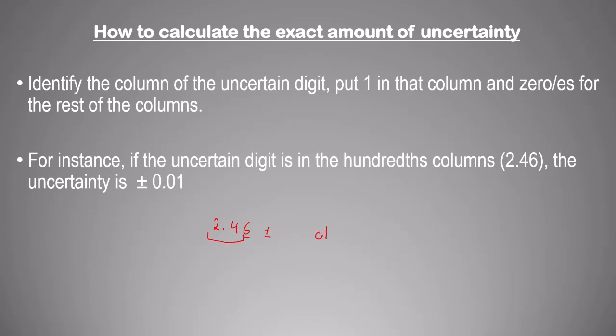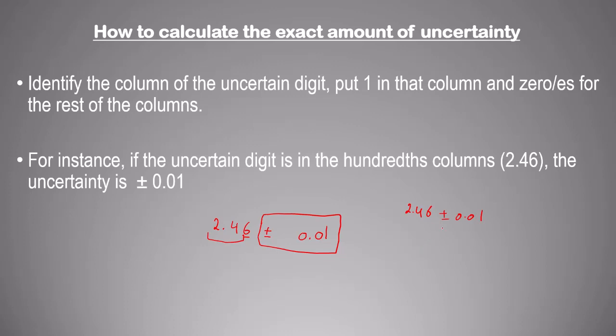So 0 will go in the 10th place, and 0 will go here in the 1st place as well. So uncertainty in 2.46 will be plus minus 0.01. And the way we write the uncertainty in a measurement is this whole line that we have, like 2.46 plus minus 0.01 will be your answer.